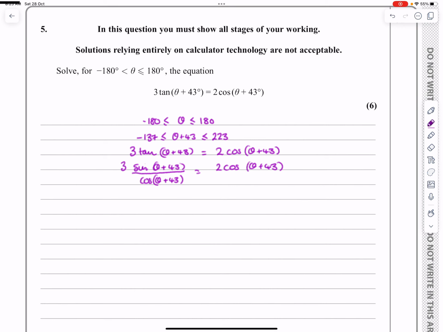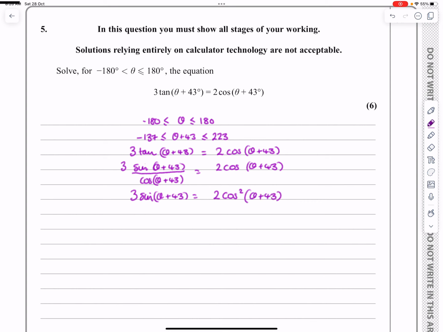The reason I've done that is I know that the next stage, I'll take that up and multiply. When I do, I'm going to end up with 3 sin(theta + 43) is equal to 2 cos squared (theta + 43).